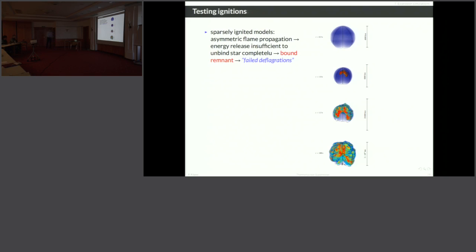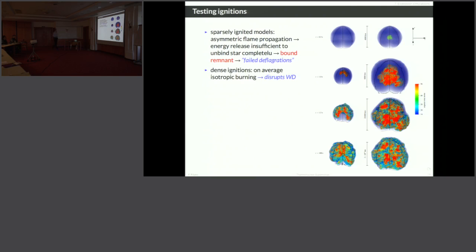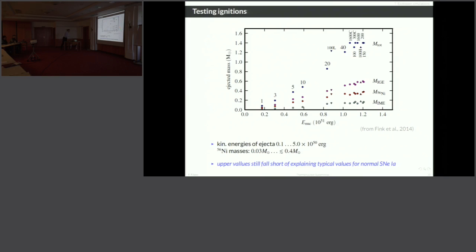But the energy release here, due to the very incomplete burning, is low, and it is insufficient to completely unbind the star. So what this actually will leave behind is a bound remnant in the center. If you ignite in many sparks, then you can actually achieve a rather complete burning, where the center is also burned and the white dwarf is completely disrupted.